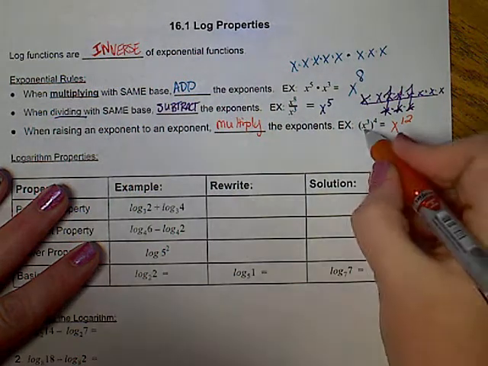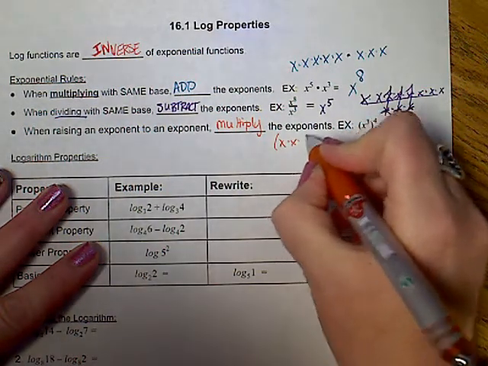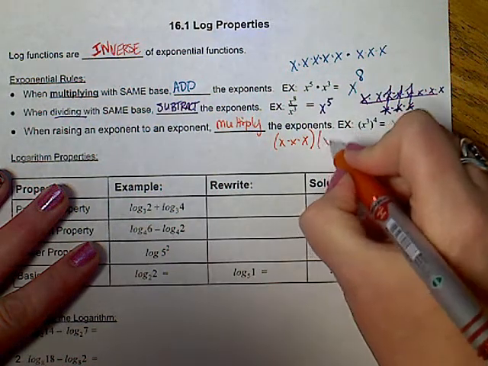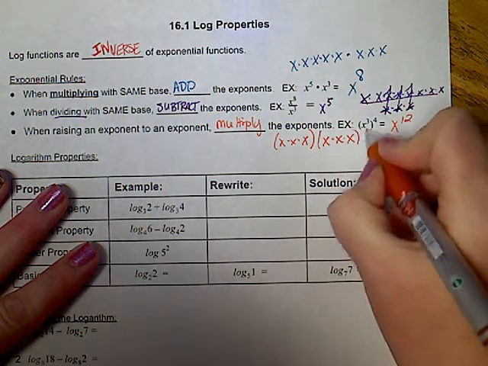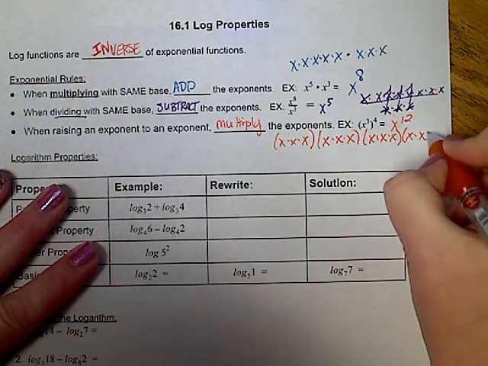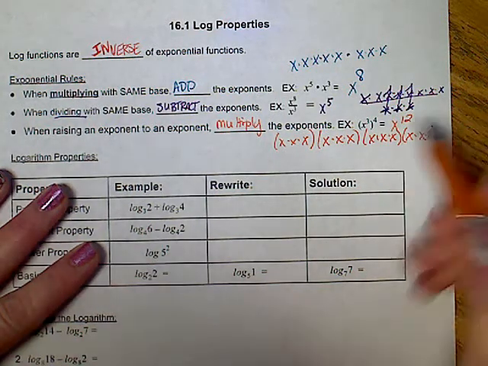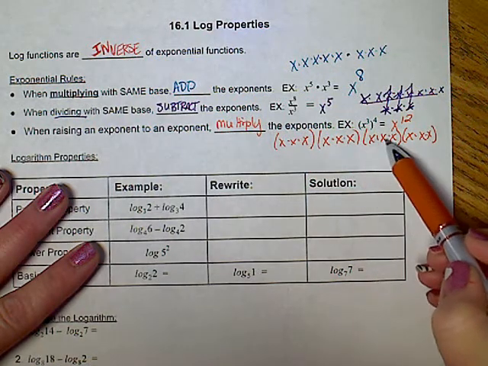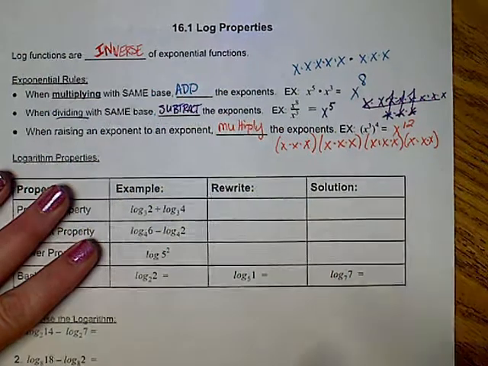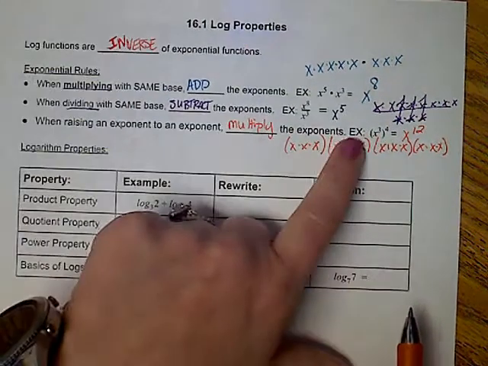If I write it out, I've got 1, 2, 3 x's inside the parenthesis, but I'm supposed to do that 4 times. If you count that up, 3, 6, 9, 12. So you see it's much faster to just know the rules and multiply your exponents.